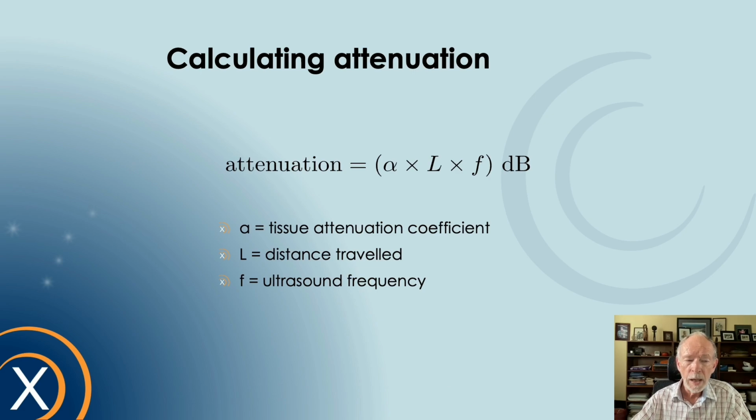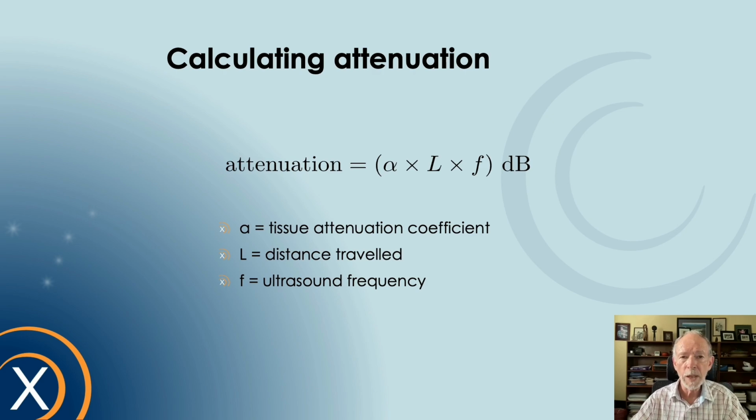Now let's look at how you would estimate the amount of attenuation in a specific clinical situation. If I said, I'm going to be passing 5 megahertz ultrasound through liver tissue which has this attenuation property, what will the attenuation be? So this is the equation you would use in that situation. You can see that the attenuation, again expressed in decibels, is the product of three different things. The first of these, alpha, is the tissue attenuation coefficient.